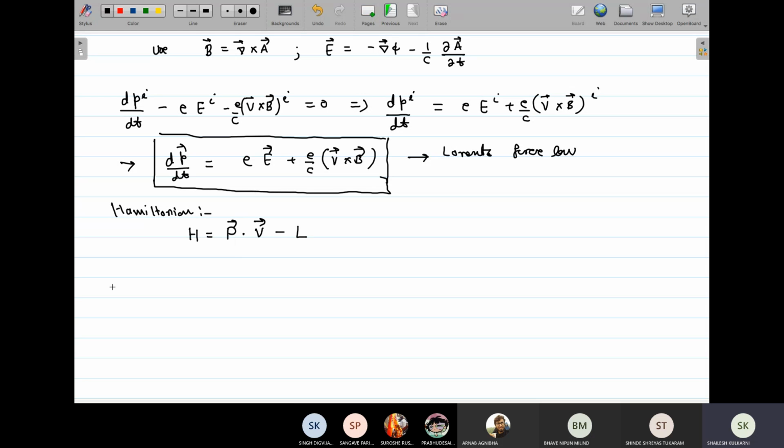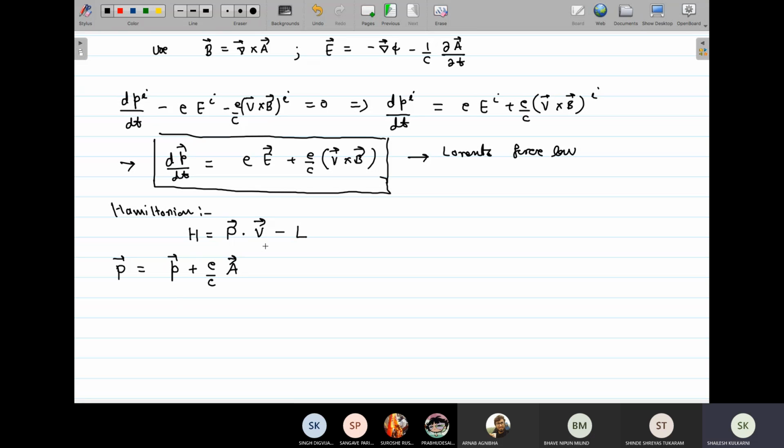Now note that this capital P is small p plus E by C A. Okay, clear?